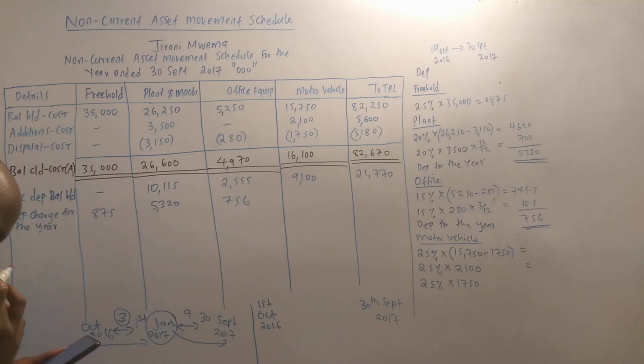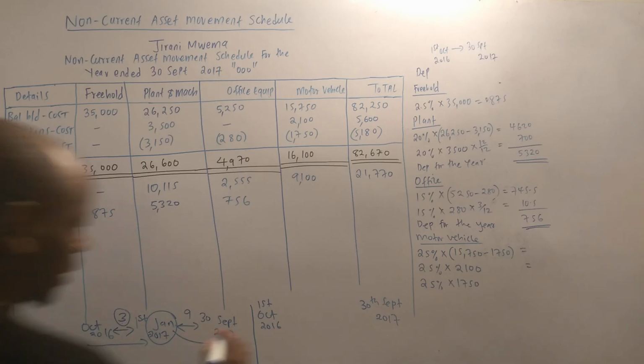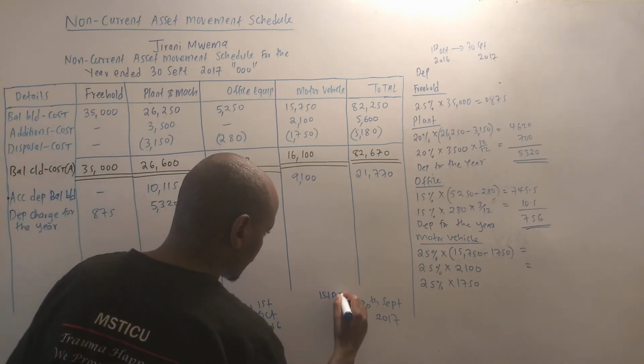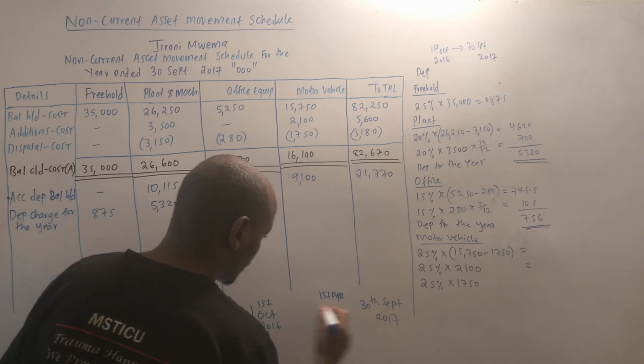Now motor vehicle number 1 for 2100. So the asset was acquired on 1st April. Let's assume it is here, 1st April 2017. Let us see the period.